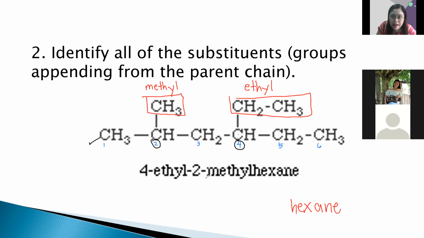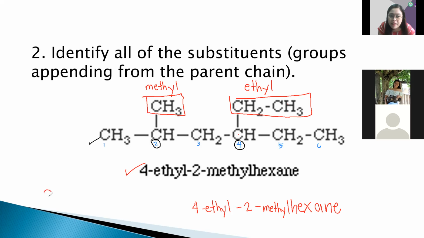And then, let's write. So, what's that again? Carbon number 4. So, 4 ethyl. And then dash na naman. And then 2 dash methyl. So, again ha, kapag last substituent, nakadugtong siya sa pangalan ng parent chain. So, this one is the correct name. 4 ethyl, 2 methyl hexane.